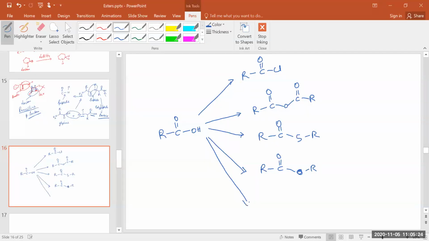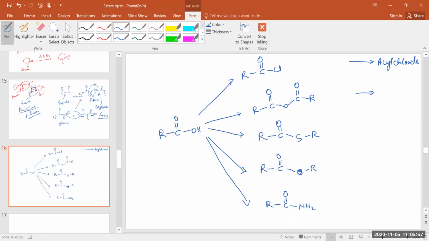And the last one, when OH is replaced by nitrogen, that is the amide. Okay, so these are 5 different functional groups. I wrote them based on their reactivity. This is the acyl chloride.